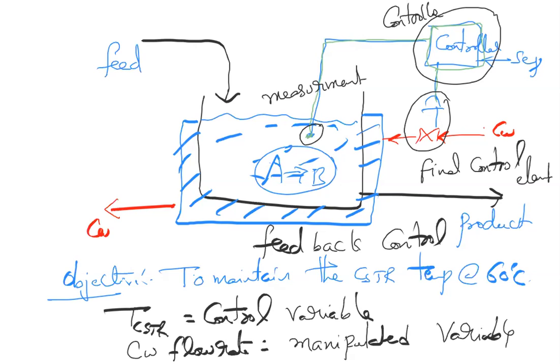So temperature of the CSTR will become the control variable, cooling water will become the manipulated variable, and then you have measurement, a controller, and a final control element. So these are the elements of a control loop.